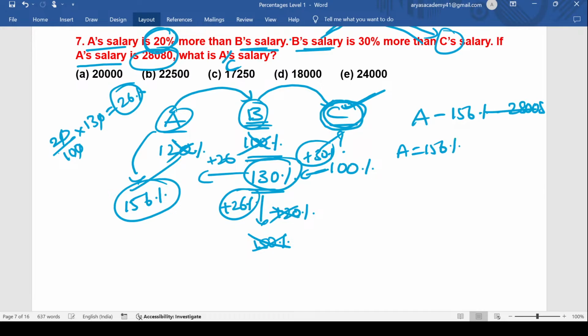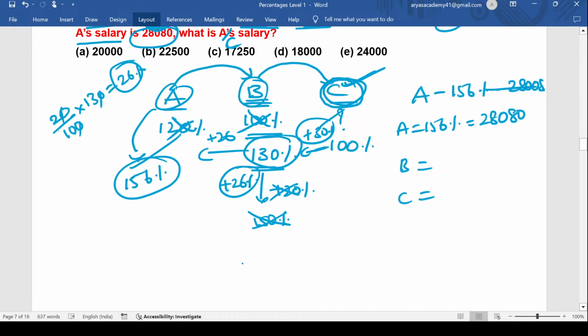The question has a typo: I have given A and I am asking A, which is wrong. Once A is given, it should be either B or C. We will calculate both so that we can find the correct answer.